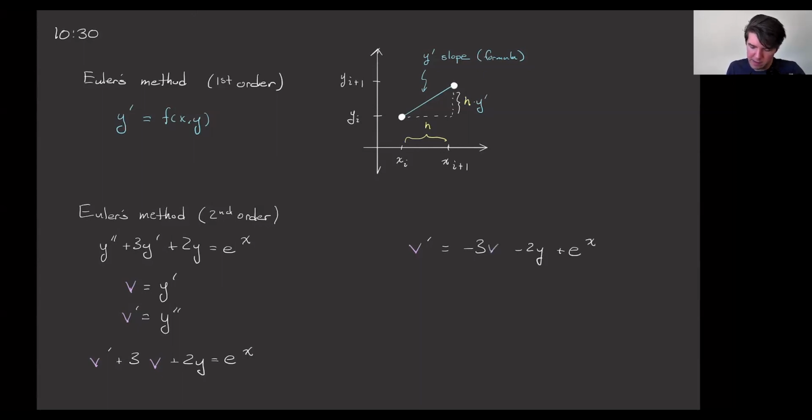Another way of writing this is saying that this is a function of three variables. It's a function of v, of y, and of x, or xyv if you like. Whatever, order doesn't matter. And now maybe you see some similarity between y prime being a function of x and y, and v prime being a function of v, y, and x.